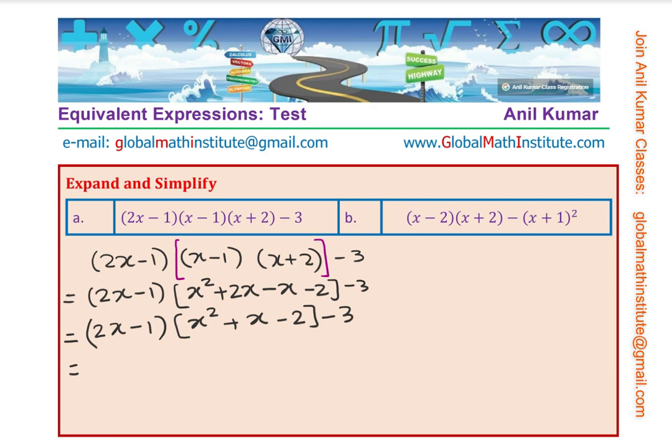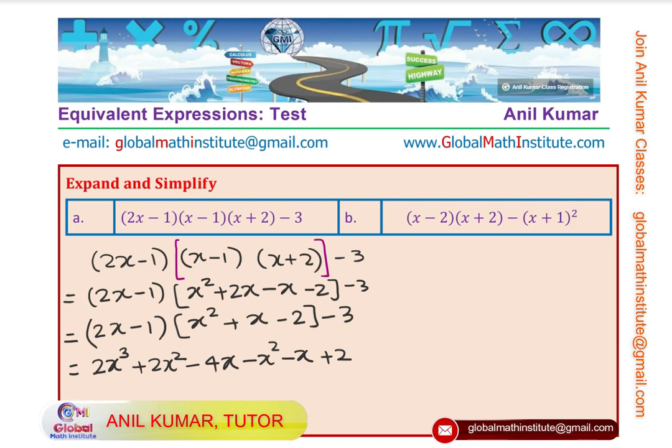A binomial multiplied into a trinomial gives 2 times 3, 6 terms, which can be simplified. Multiplying with 2x, x squared gives me 2x cubed. Then with x, it gives me plus 2x squared. Minus 2 gives me minus 4x. Now with minus 1, the signs will change, and you can rewrite all the terms in the square bracket. And remember to include minus 3.